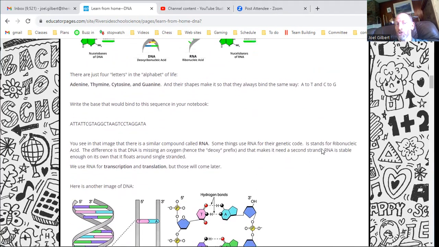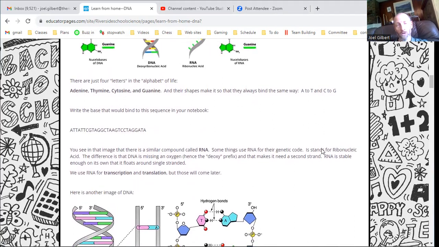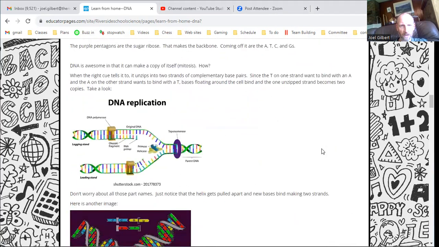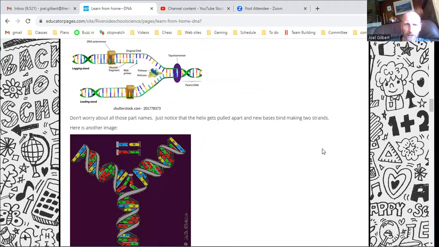So anyways, that's how it replicates, by the way. It unzips. Let me jump down to replication. Here we go. It unzips. Some protein comes by and unzips it. And now you have these 2 single strands of DNA, which are not stable. So complementary nucleic acids will bind.